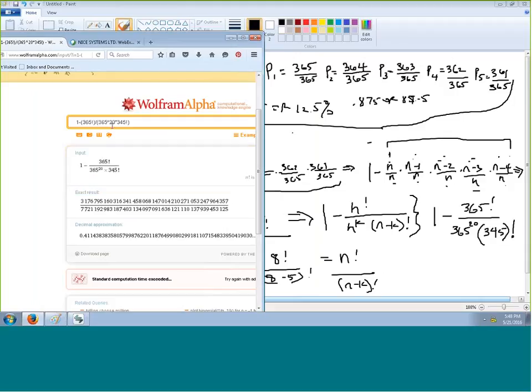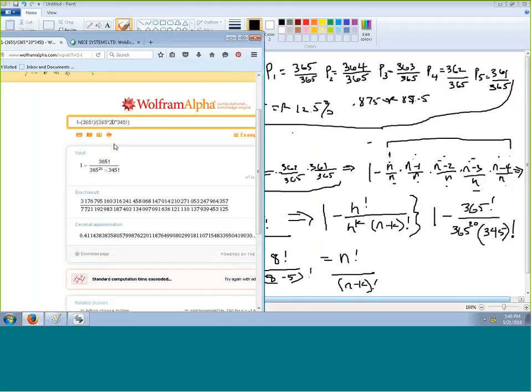Now, there's one more thing. If you look at a lot of discrete math texts, if anybody talks about the birthday problem, they only tell you that you need 23 people in a room for it to be likely that you have a duplication of birthdays.